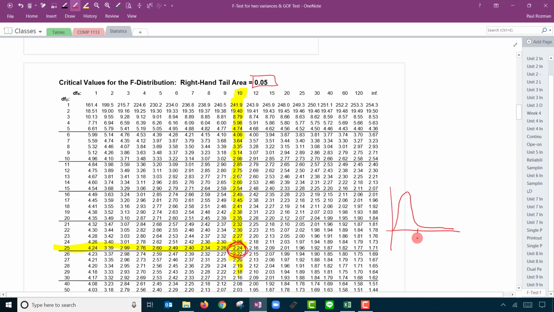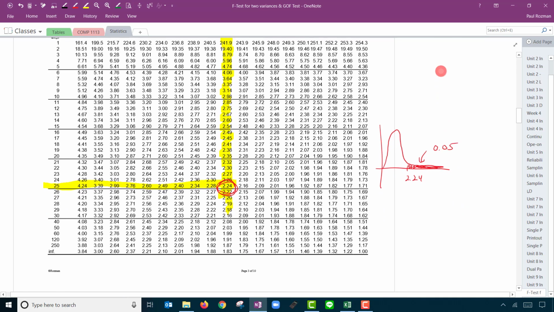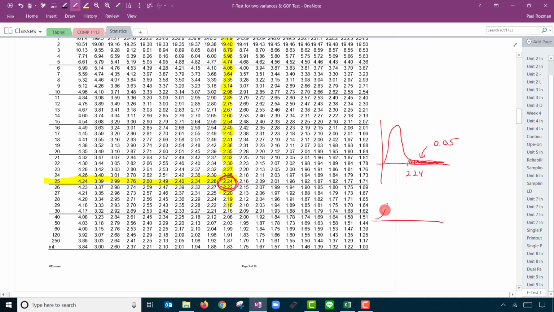We know that if you're at 2.24, the area to the right of that number is 0.05. So wouldn't it be safe for us to say that if we're at, what was our test statistic, 1.58?